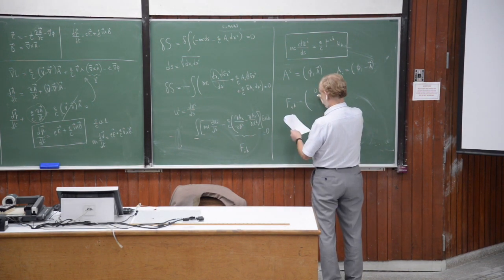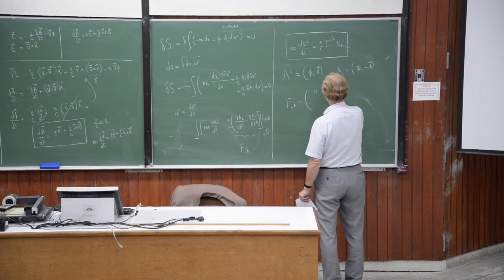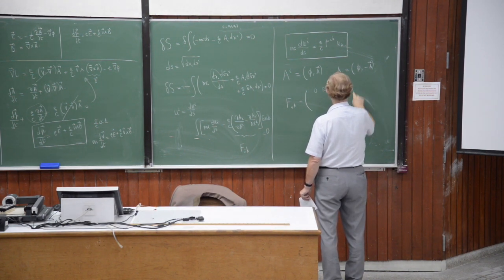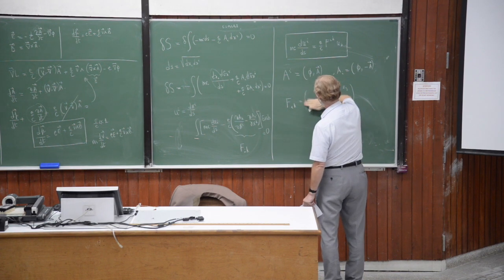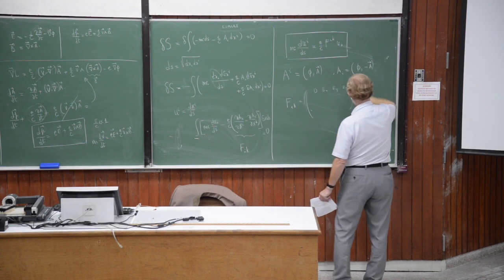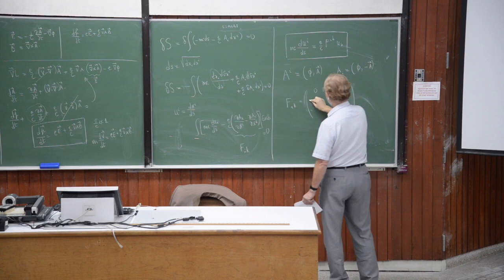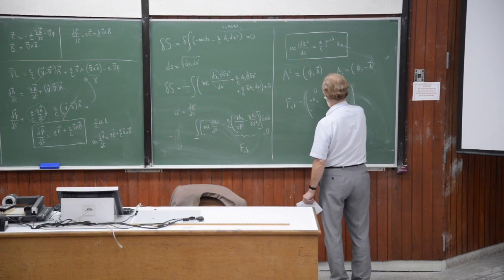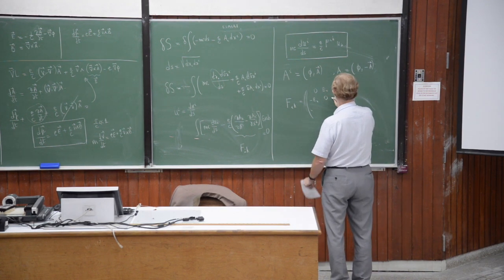Okay, so let's write them down. So 0, Ex, Ey, Ez, okay, and then here minus Ex, 0, minus Bz, and here is By.